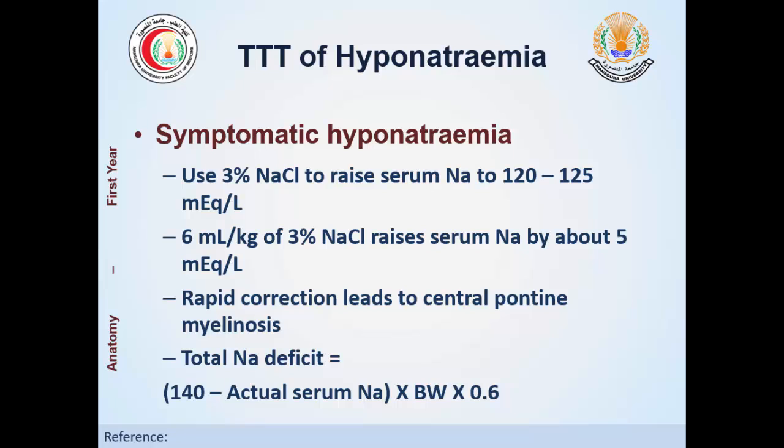Certain areas in the brain are particularly susceptible to myelinosis, especially the part of the brain stem called pons. So it's very important not to rapidly correct sodium in order not to cause central pontine myelinosis. Okay.